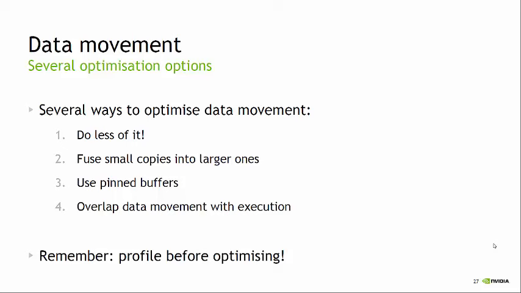So the recipe is to pin the memory that is more sensitive to these issues of data movement. Try to leave the rest unpinned. You can experiment. In some cases, pinning everything is the right strategy. In some cases, it's not. So your mileage may vary.